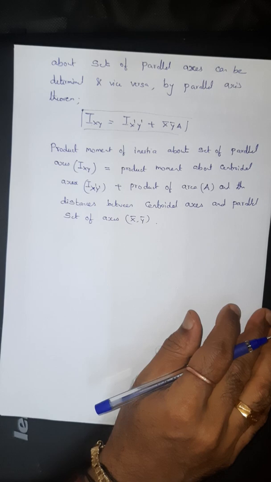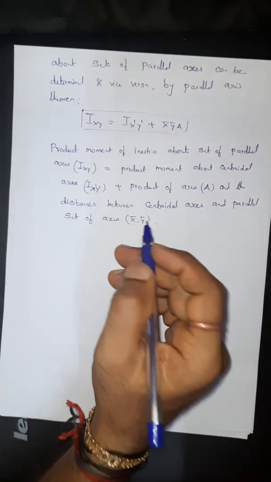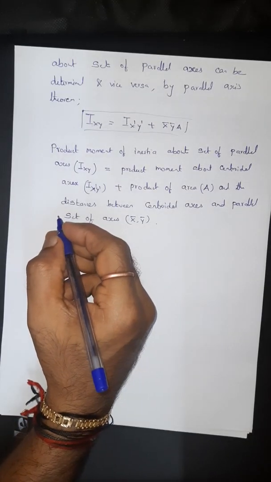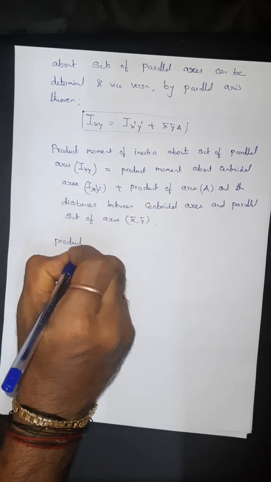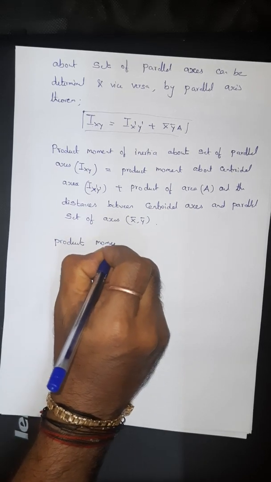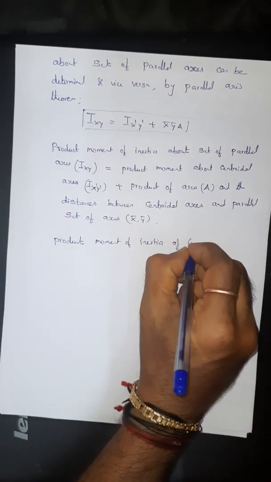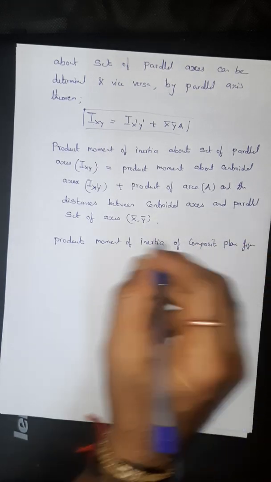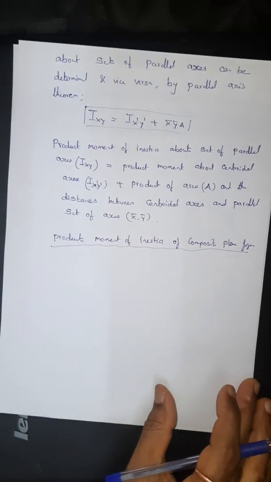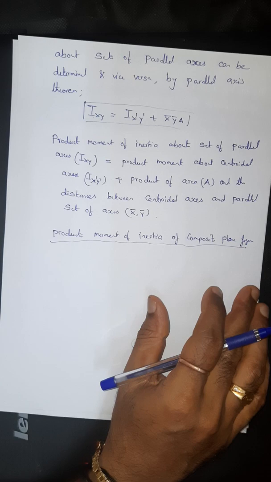Got it? So this is what it is, right? Now for the product moment of inertia of a composite plane figure: it is determined by adding or subtracting the product moment of inertia of its components, that is, the simple plane figures.